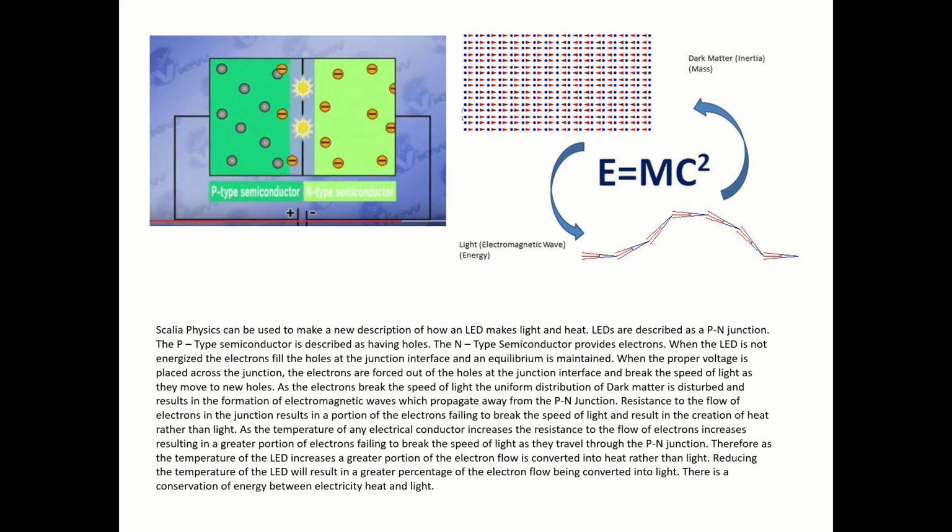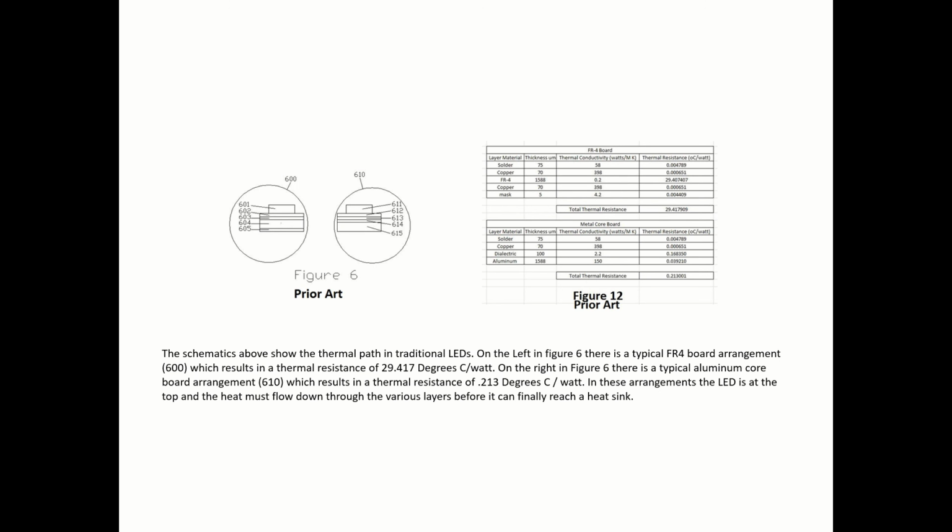So with this model, we can accurately mathematically determine what percentage of the electricity would be converted into light and heat based on the heat flow characteristics of the LED. So here we have a schematic of a typical LED where the chip is on top, and then you have a board, and the heat usually flows through the board and out to a heat sink.